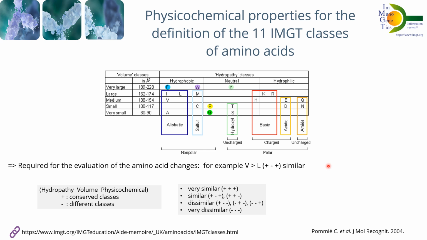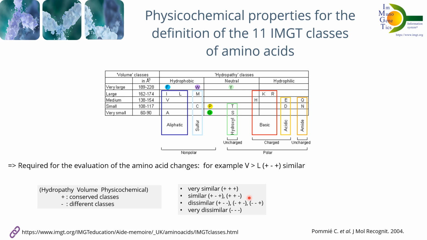Conventions have been set, for example, for a change from valine to leucine. The hydropathy has been preserved, plus; the volume differs, minus; and both amino acids have the same physicochemical properties, plus. Because this change maintains two properties, it is qualified as similar.